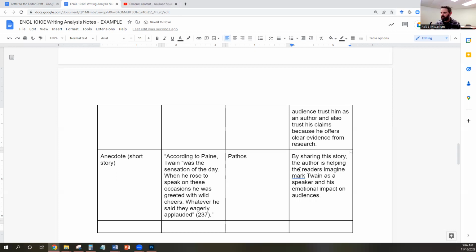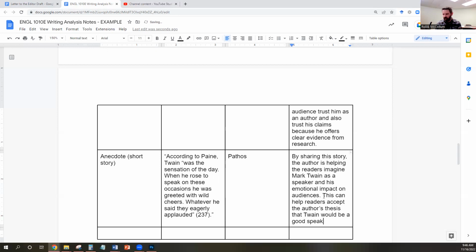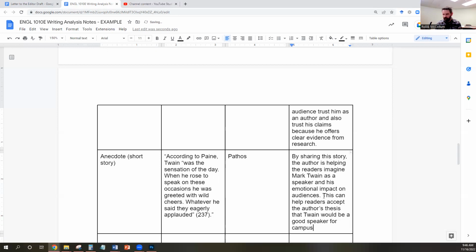And I think that this is helping the readers of the newspaper think, oh, this would be exciting to see someone that makes other people feel so excited. So this can help readers accept the author's thesis that Twain would be a good speaker for campus.